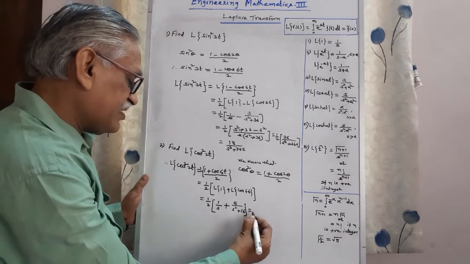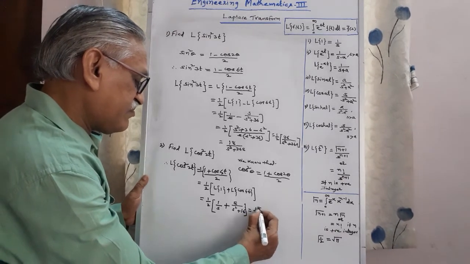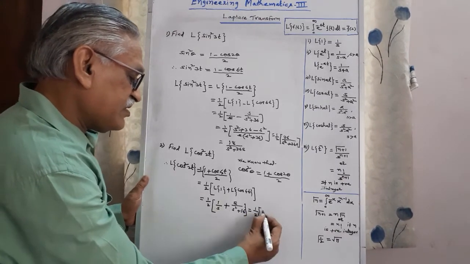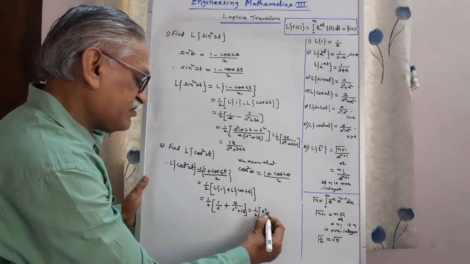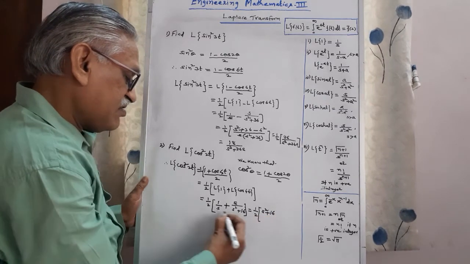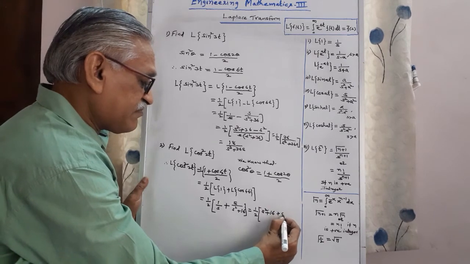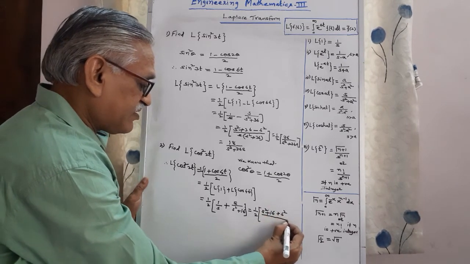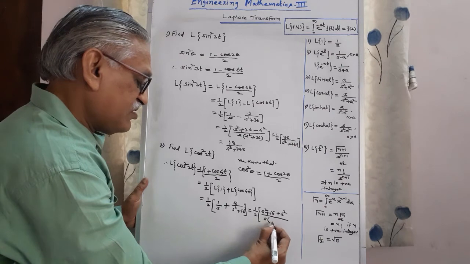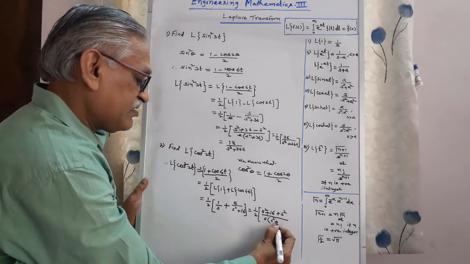Simplifying it by finding the LCM, 1 by 2, cross multiplication, s square plus 16 plus s square, divided by s into s square plus 16.